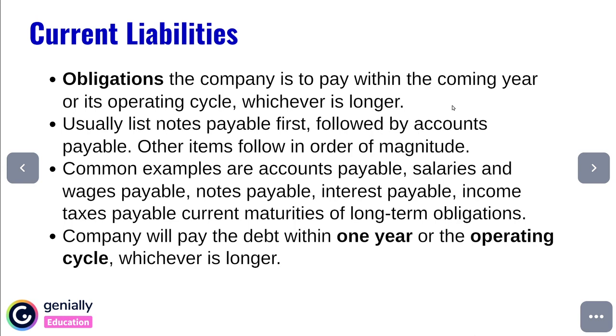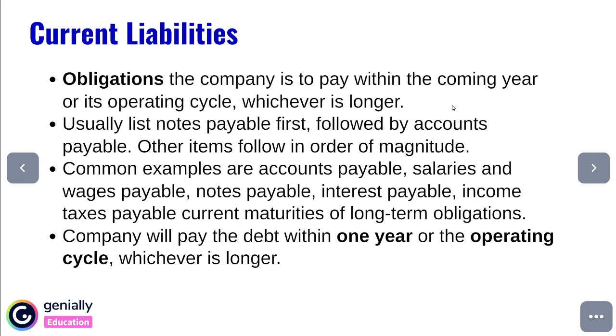So always notes payable, accounts payable, and the other items follow this order. Common examples of current liabilities are accounts payable, and salaries and wages payable. Why do we need salaries and wages payable?